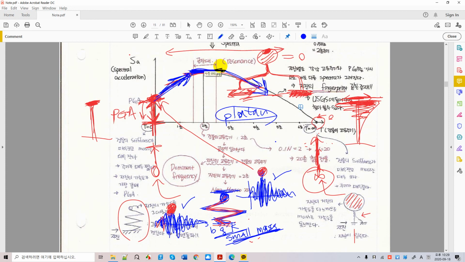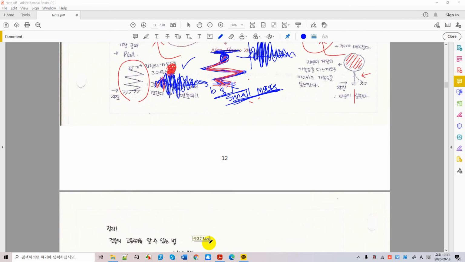Understand? So we can idealize a response spectrum something like this. Let me just plot it here.